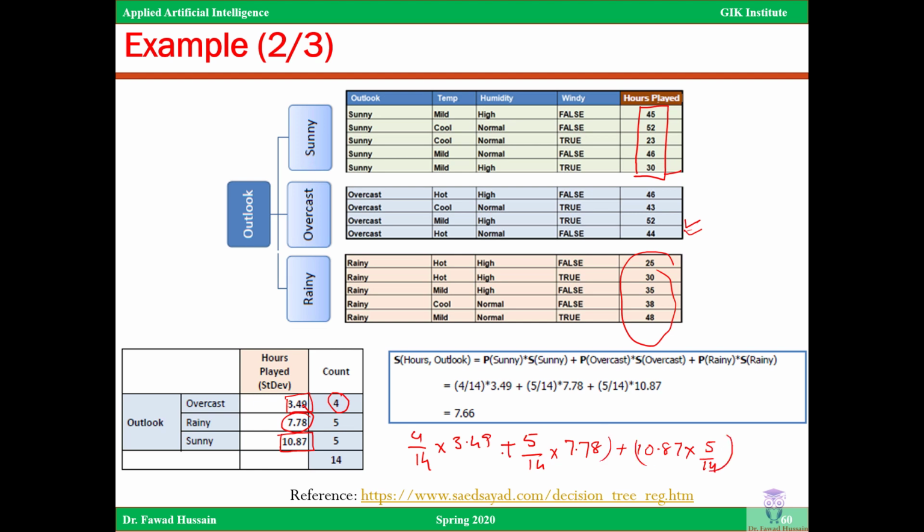So this is going to give us 7.66. So this is how we arrive at this 7.66, and this is the standard deviation that we get from using outlook as the attribute at the root node.